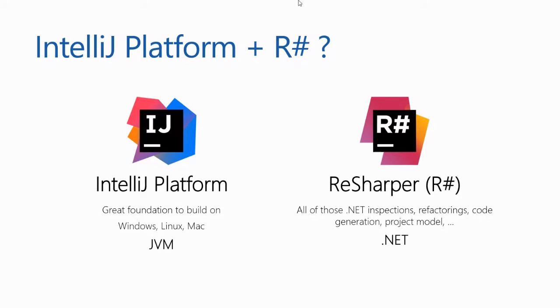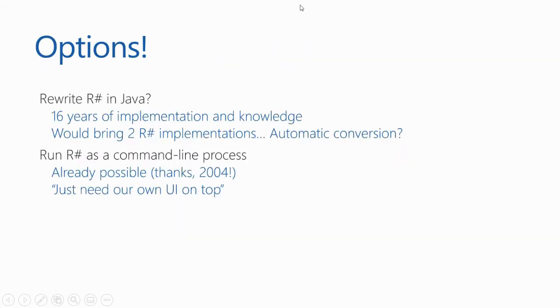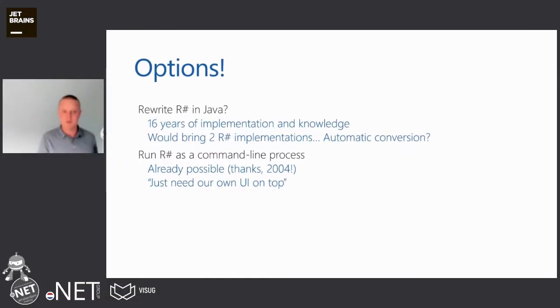Well, we had a couple of options. One of the options that we had was to maybe rewrite ReSharper in Java. ReSharper back then was already 16 years old, and we decided, well, maybe it's not a good idea to do the big rewrite of ReSharper in Java, because that would mean that we, first of all, would throw away 16 years of implementation and knowledge, but also we would be bringing two ReSharper implementations to the world.